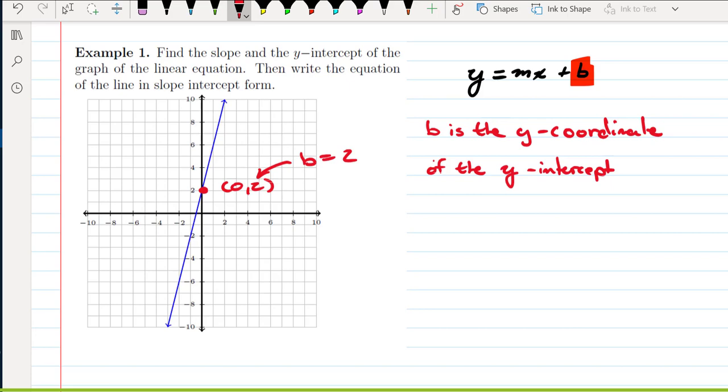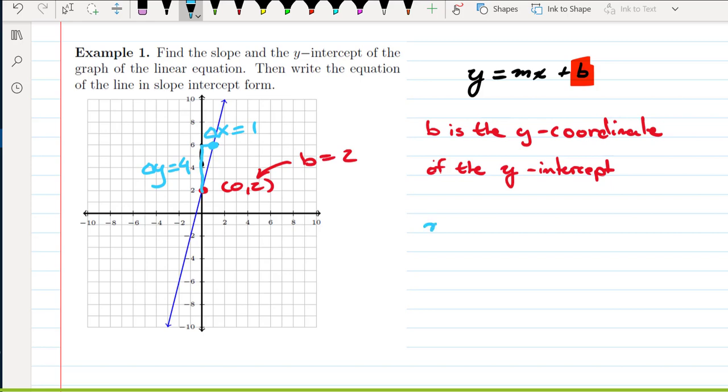And then we can calculate our slope by doing our rise over our run. So if I do this, my change in y, I went up 1, 2, 3, 4. So my change in y is 4, and my change in x would be 1.